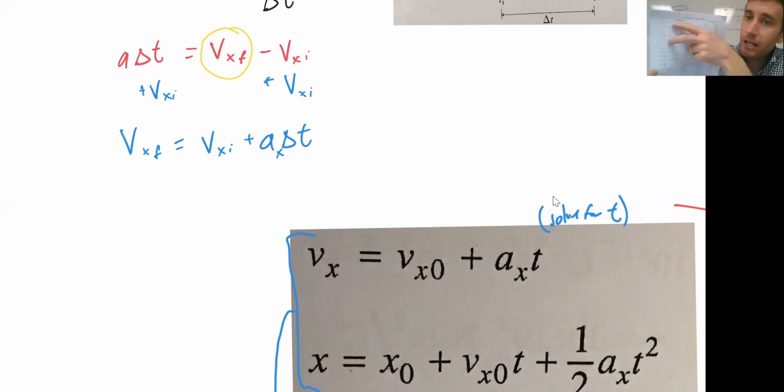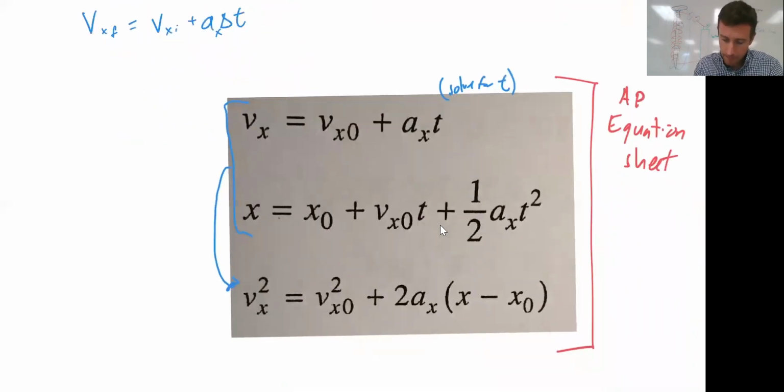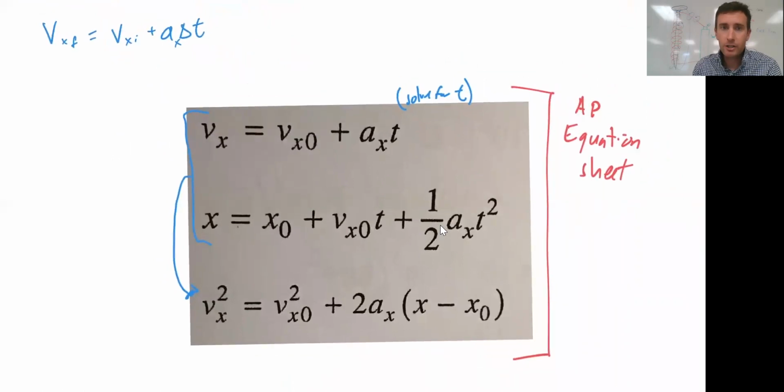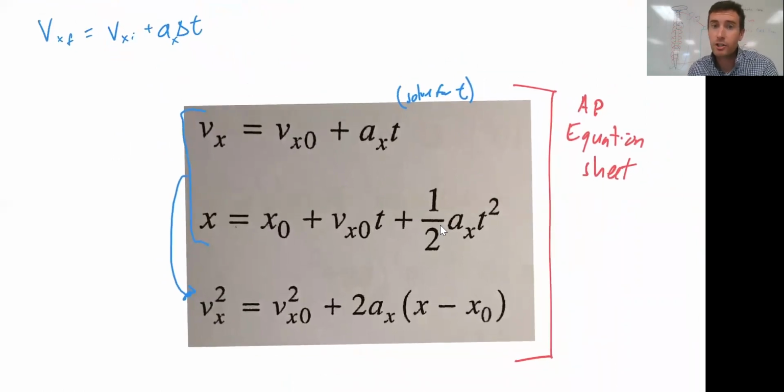The first three equations that are on here are three linear motion equations. And I've taken a picture of them for you and put them down here on our set of notes. So if we take a look here, there you go. These are the three equations from your AP equation sheet for linear motion.